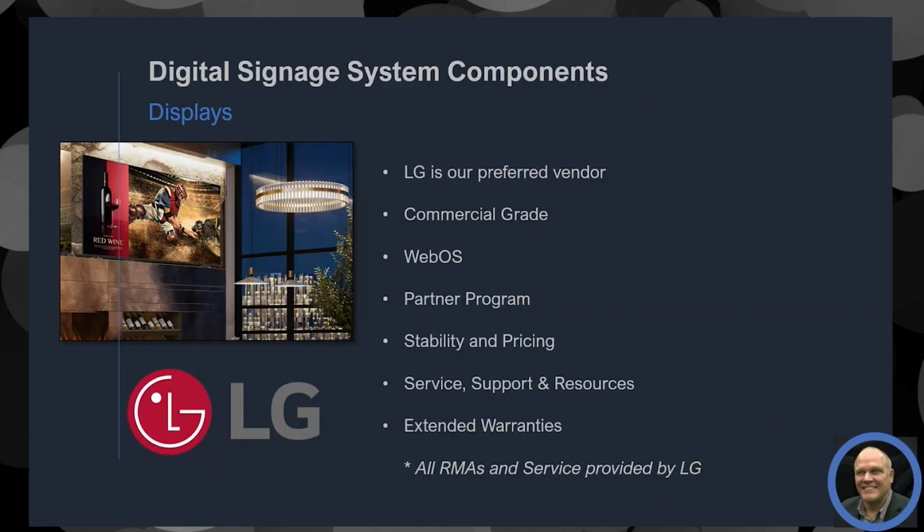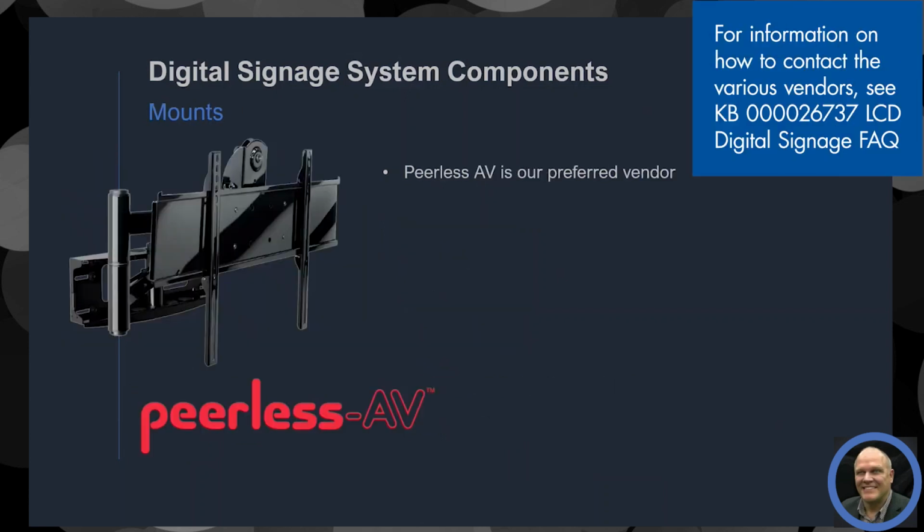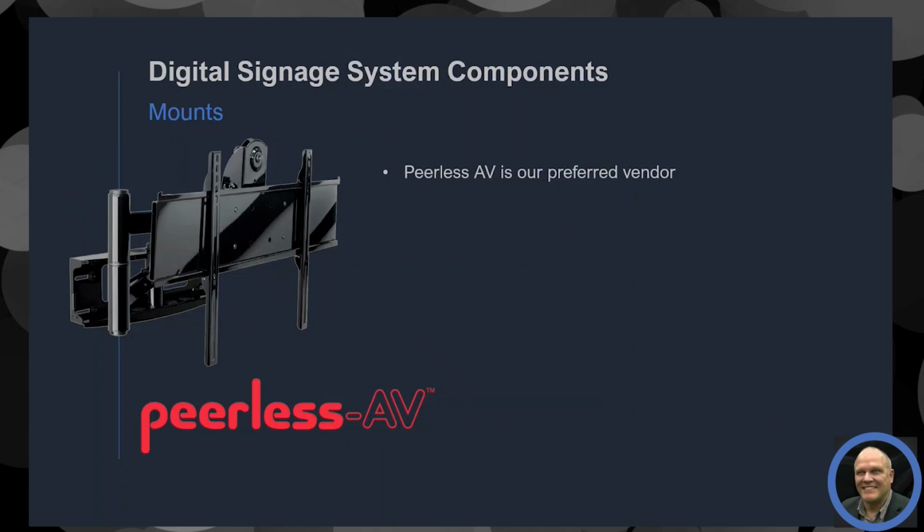In terms of mounts, I mentioned we sell mounts of all different types. Peerless AV is one of the leading mount manufacturers out there and is our preferred vendor for mounting solutions. They have everything from ceiling to articulating to wall mounts, in all different weights and sizes, suited to all the different types of applications that we sell.